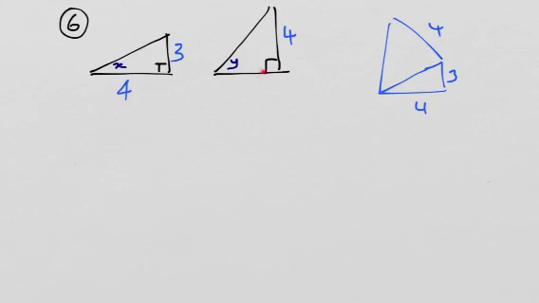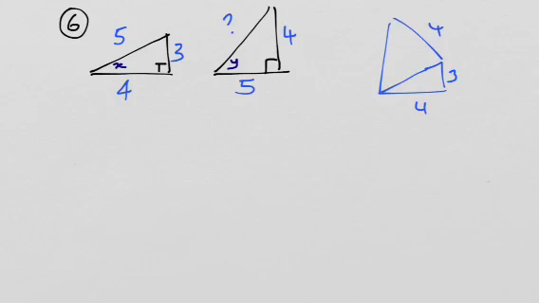Now the bottom of this triangle here is the hypotenuse of this triangle. We can do a bit of work with Pythagoras to get that side as 5, so that means this bottom side here is 5. Once we know the bottom side there is 5, then we can work out that sloping side there.